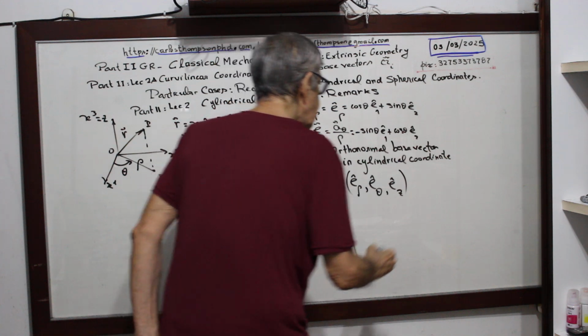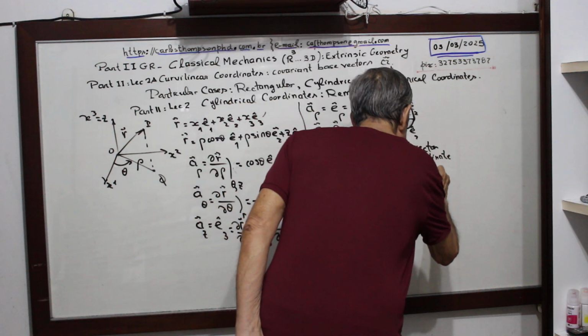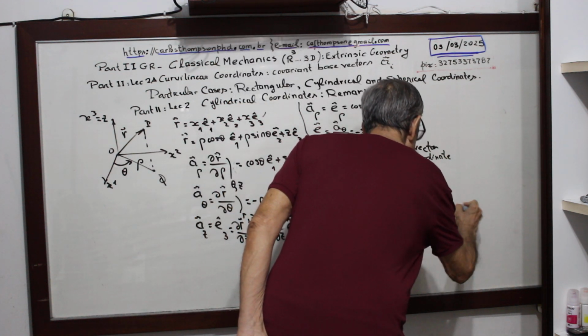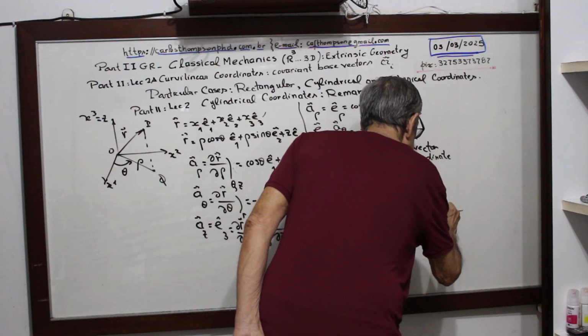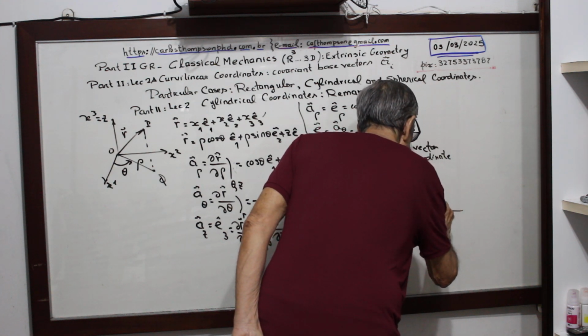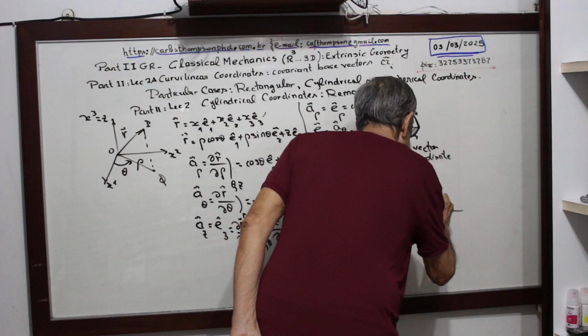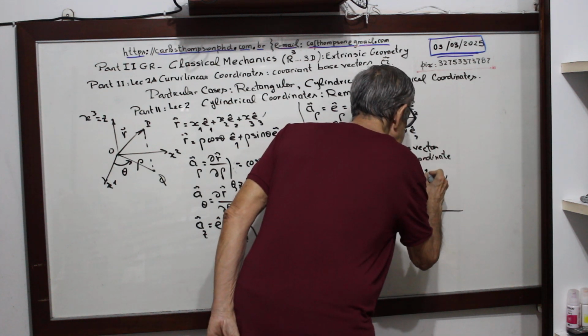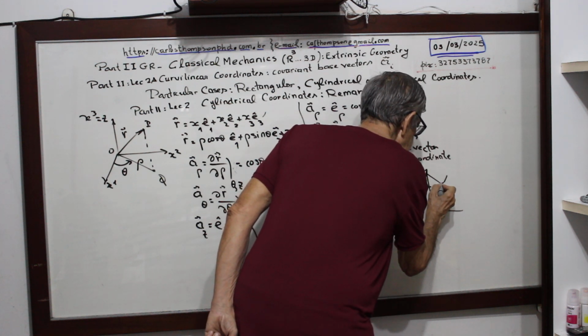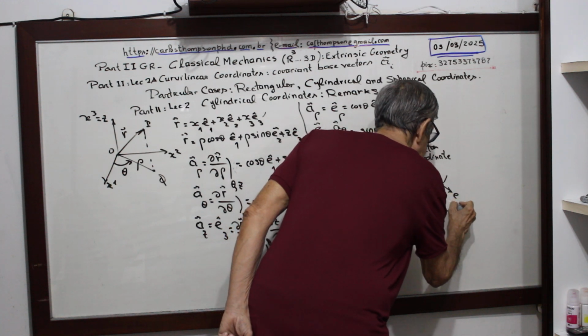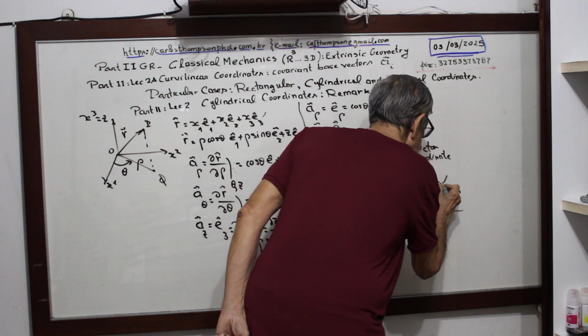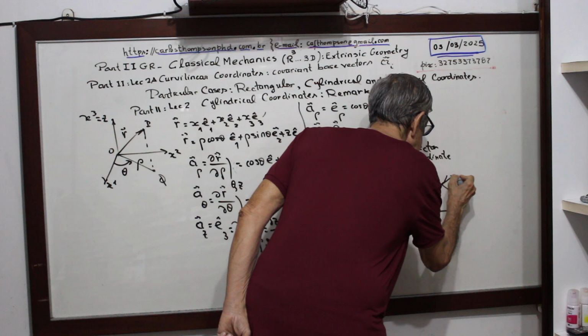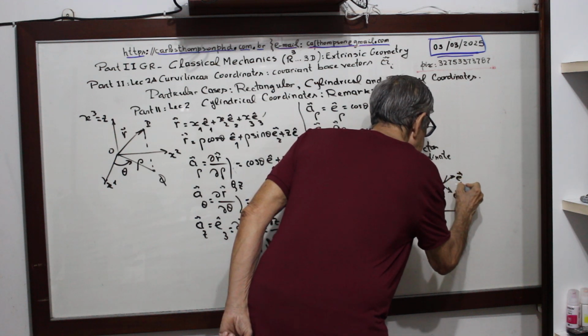These are orthonormal. I can see here, there's a point here, that's orange. Here I have my cylindrical coordinates. This is rho. This is theta.